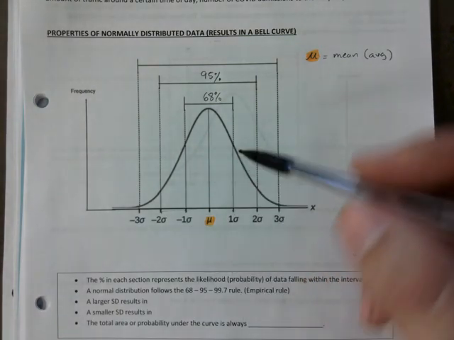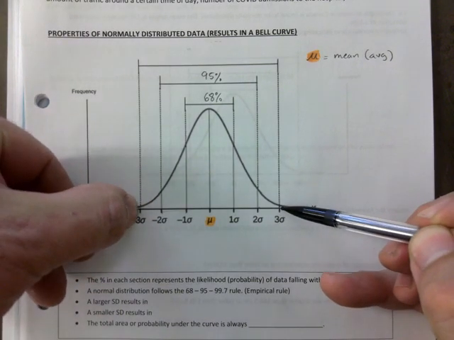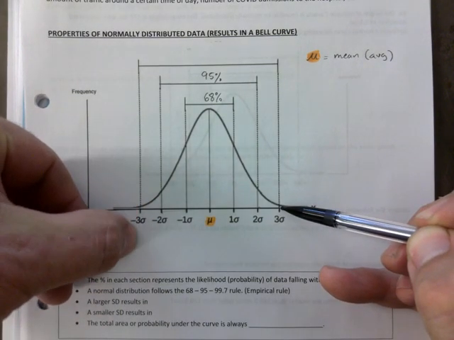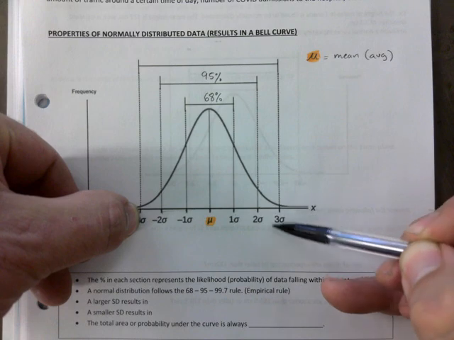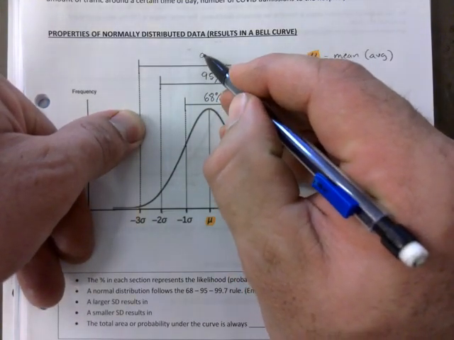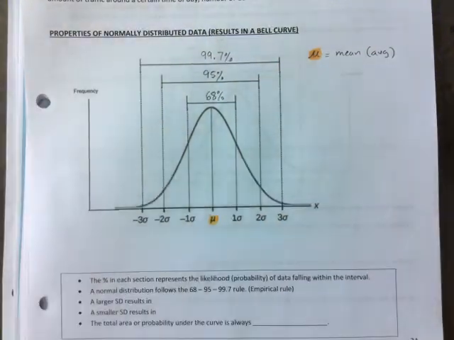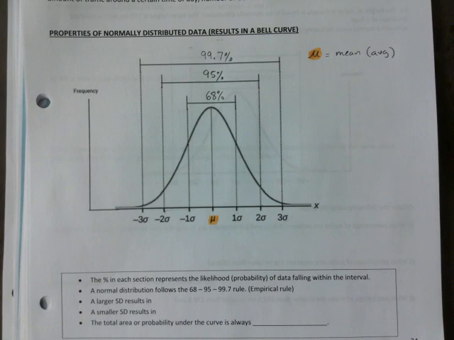And then if you go 3 standard deviations to either side, so minus 3 or plus 3 standard deviations, you would think it's 100%, but not quite. It's a 99.7% chance that you fall within 3 standard deviations of that average. Okay? Just follow for now.